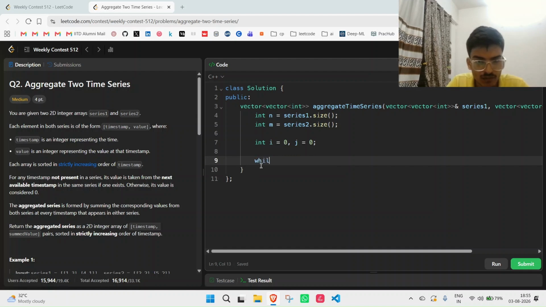Then we can write while i is less than n and j is less than m.